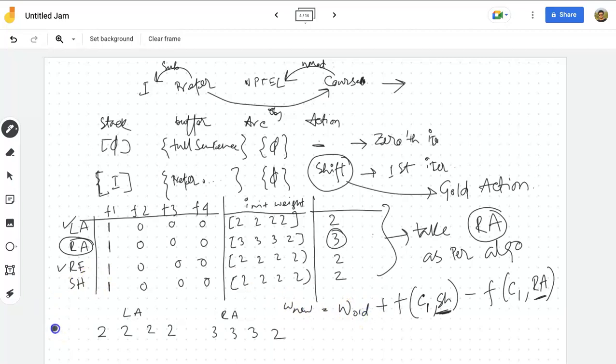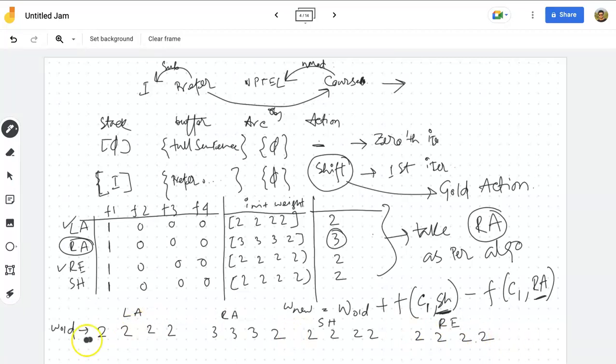Okay, so this is W1, and then shift is 2 2 2 2, and reduce is again 2 2 2 2.